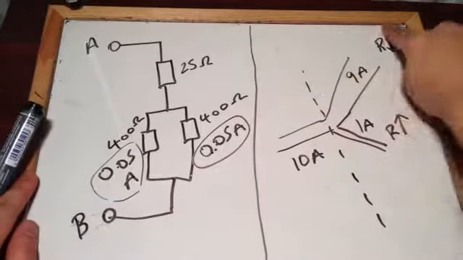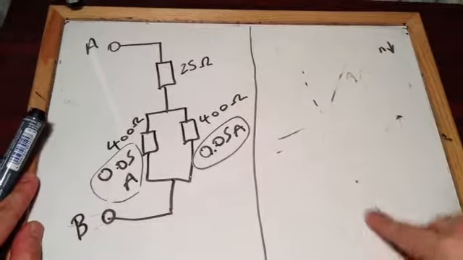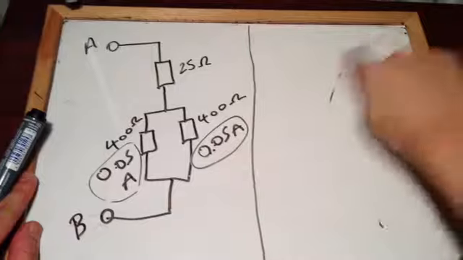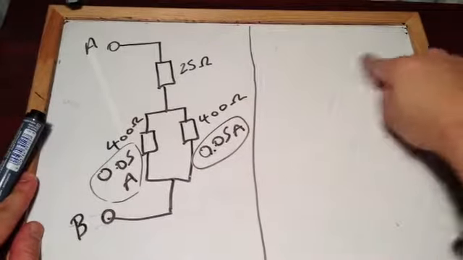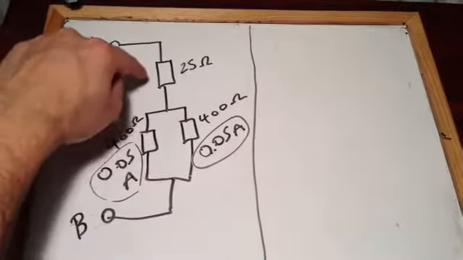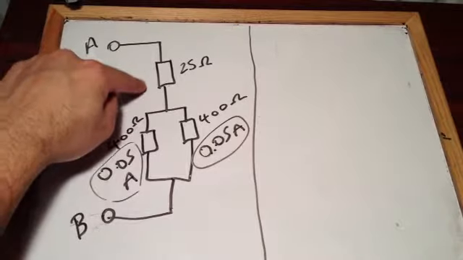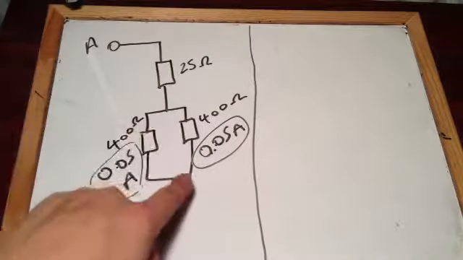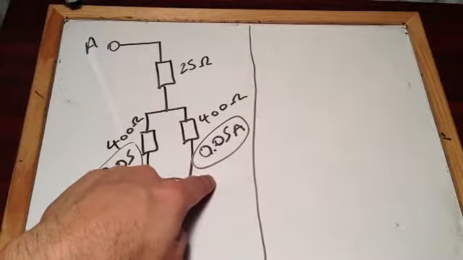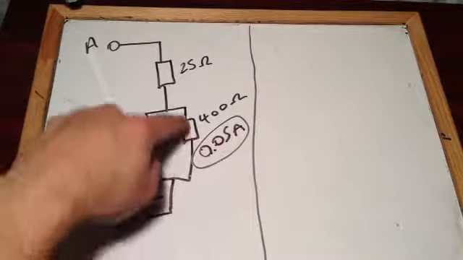So in this question, we're looking at the current going through the 25 ohm resistor. You've just worked out that 0.05 amps of current goes down this pathway.